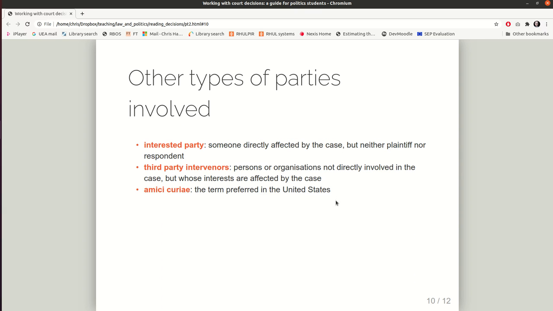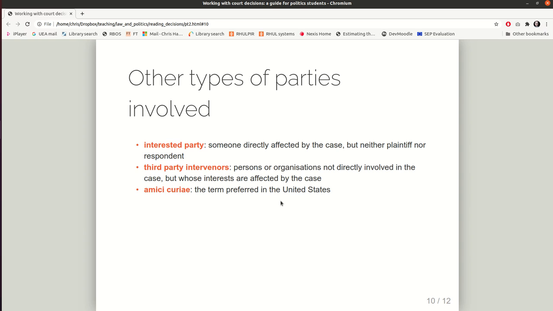Final thing I would mention is that there may be other types of parties involved who are not in this kind of antagonistic relationship, whether that's plaintiff, respondent, appellant, respondent. So you might also see references to interested parties, people directly affected by the case, and also third-party interveners, or amici curiae, which are essentially the same thing.